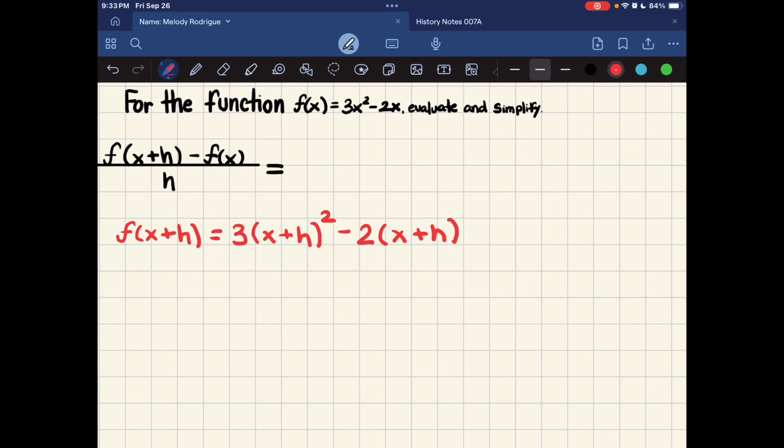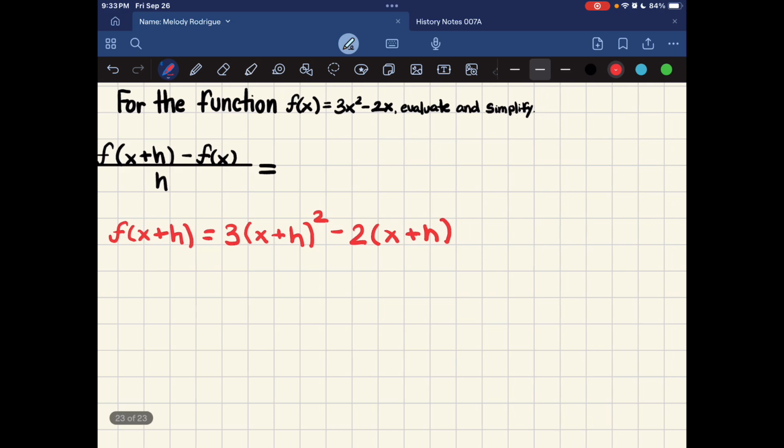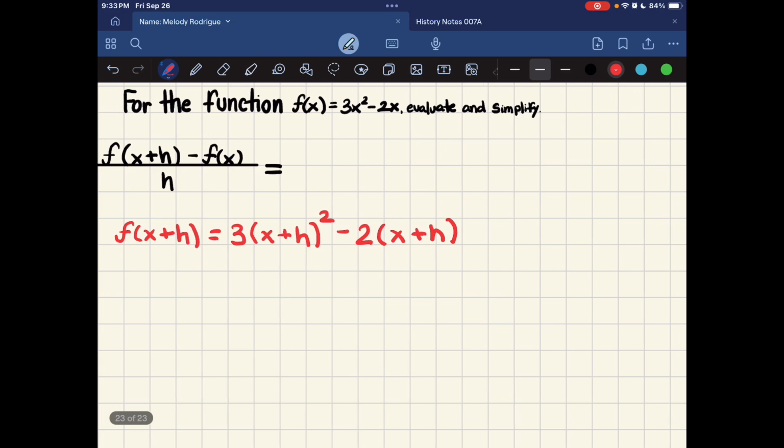Okay, now we're going to expand 3 of x plus h squared. And we need to expand it carefully because this is where many people often make mistakes.